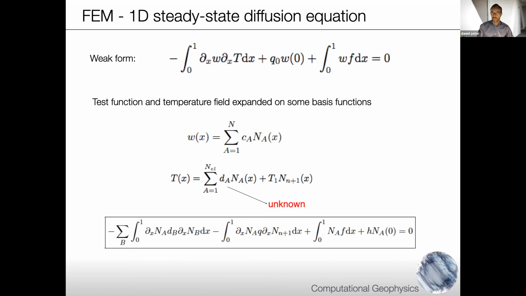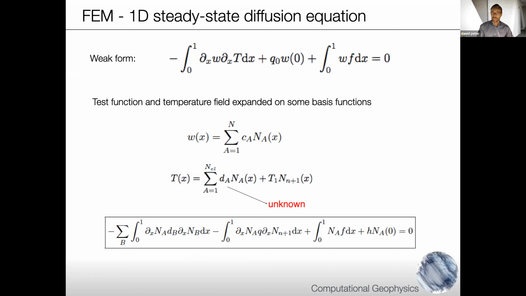So we write down the weak form of the equation on top. We expand now our test function and the temperature field into our basis functions, N_A, and then we have this additional n+1 basis function because of the boundary condition.